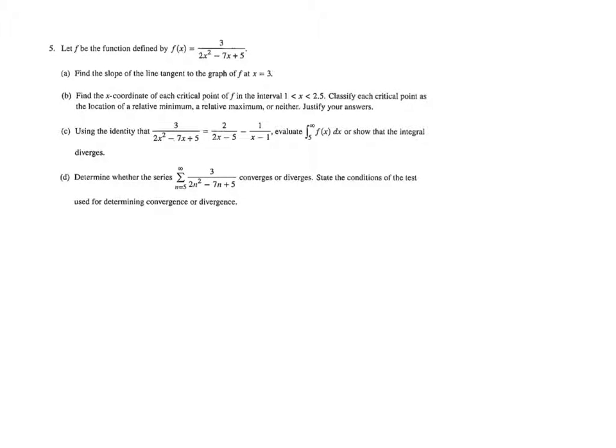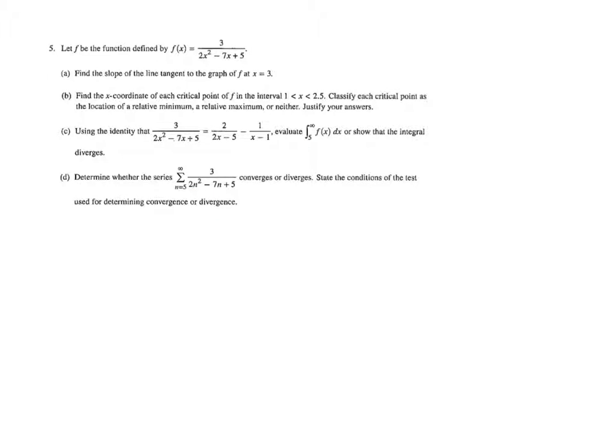Now we're on number 5. Number 5, you're given a function. This is a BC question, and it's BC because of what's happening in C and D, because you have the improper integral and then a sequence series.